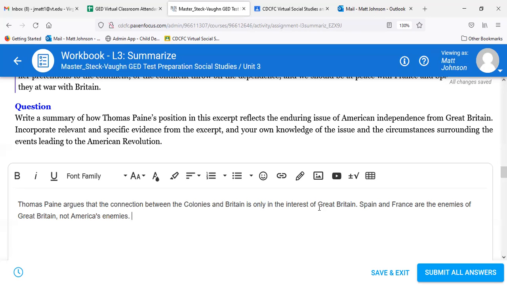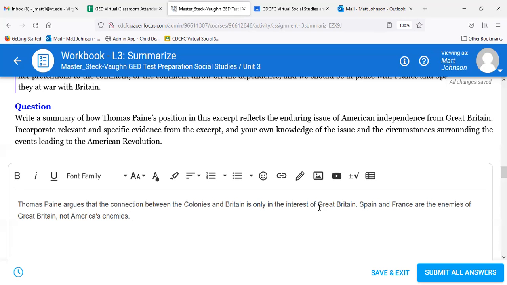And then how do we resolve that issue? That they should cut ties with the... Yeah, we kick Britain to the curb, right? However you want to put it, America gaining independence will allow them to be at peace with the rest of the world or other nations. That's the conclusion, right? So we only need three sentences here.